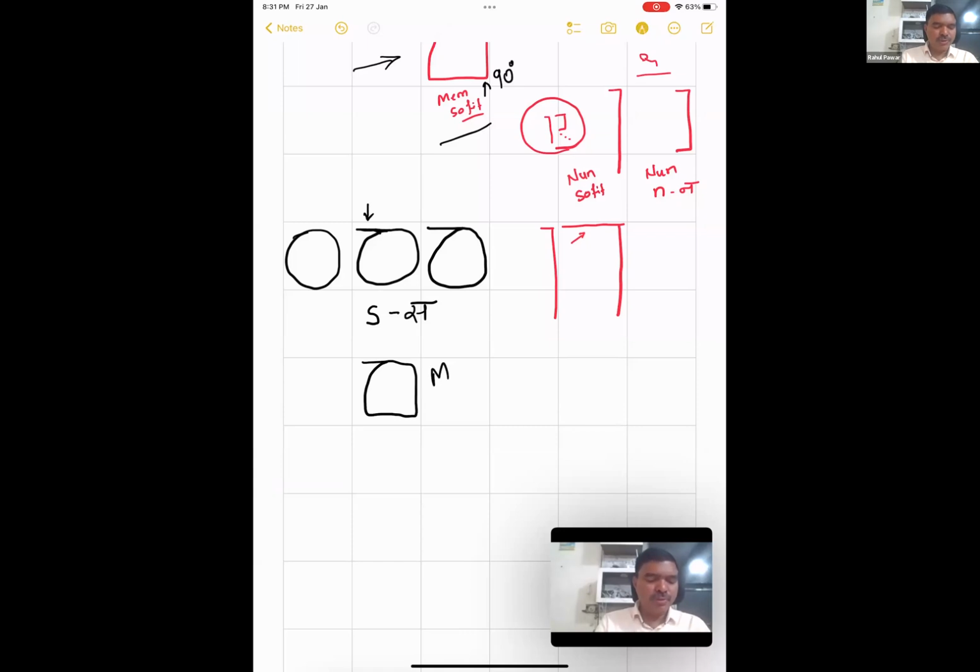This is Mem Sofit, and this is Samek. So watch it very carefully. Here the portion is a right angle, but here it is a curve. That is the difference between Mem Sofit and Samek.